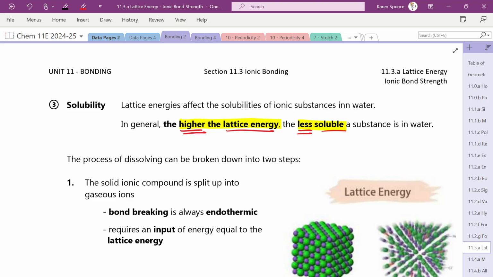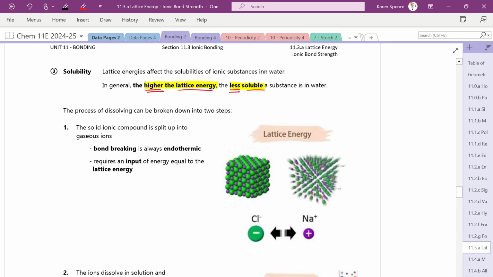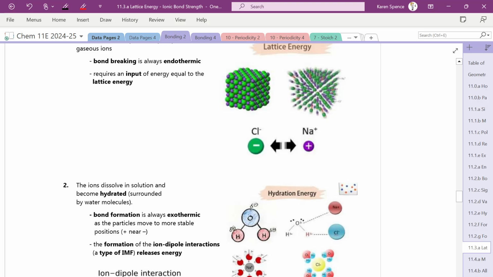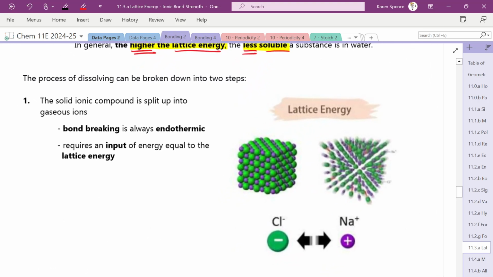Dissolving can actually be broken into 2 steps, kind of. So we break apart the solid and we split them into gaseous ions. Now, in reality, this is not what happens, but thermodynamically, you can think of it this way.